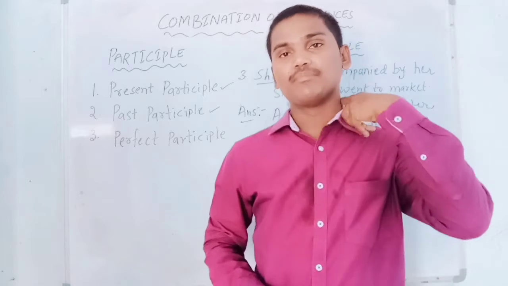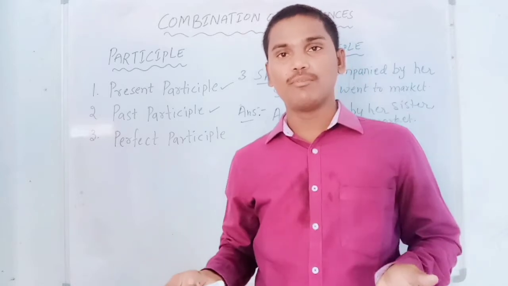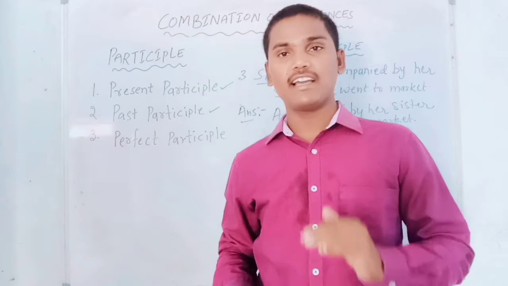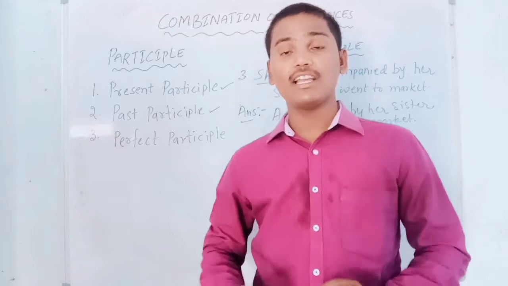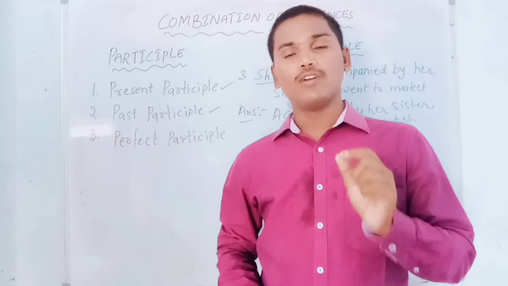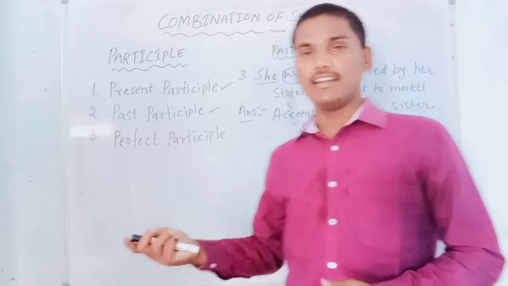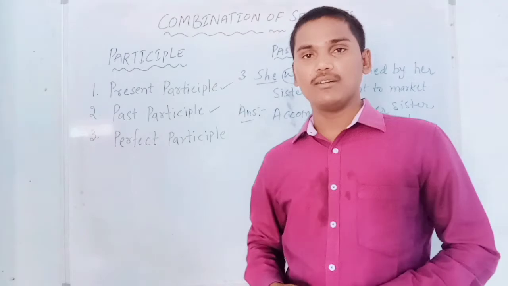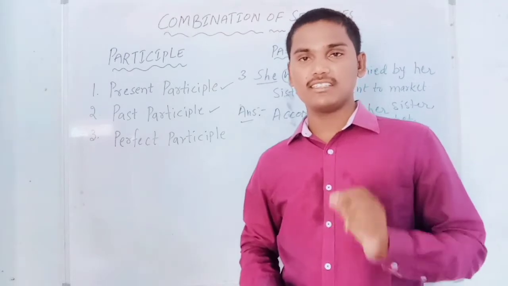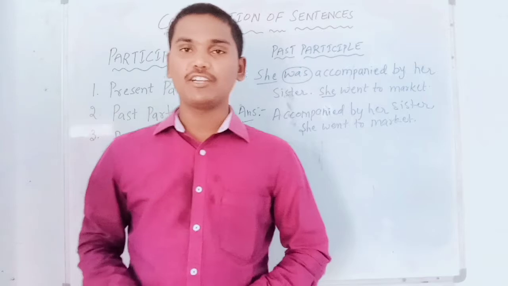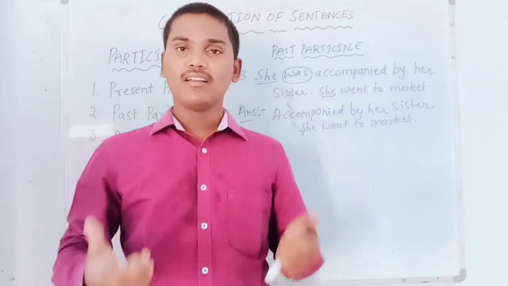And if we get different verb forms, we should replace them as usual, how they are in the question. But if we have the same subject in two sentences, we need to remove one subject in the first sentence. I already taught you everything. So I think you got an idea about how to join two sentences as a single sentence with the help of past participle. Okay, students, don't forget to take more practice about this.